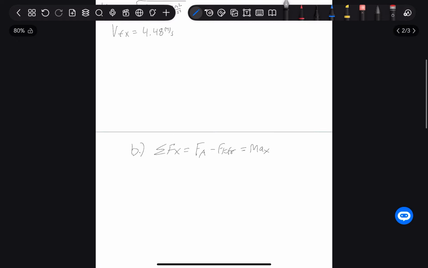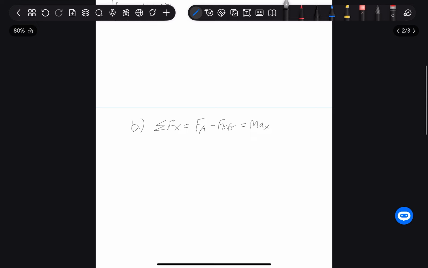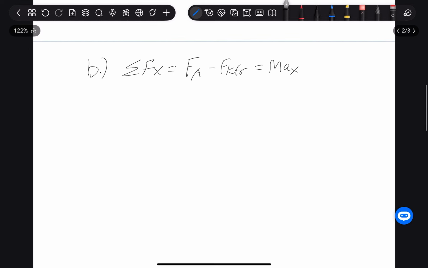We're just going to rewrite our sum of the forces in the x direction as being the applied force minus the force of kinetic friction, which equals max. And of course, we're doing minus force of kinetic friction as it is going in the opposite direction of the motion. And sum of forces in the y direction is going to be the same. This is still 0 meters per second squared.